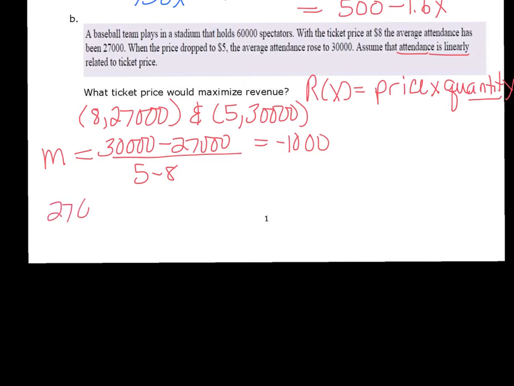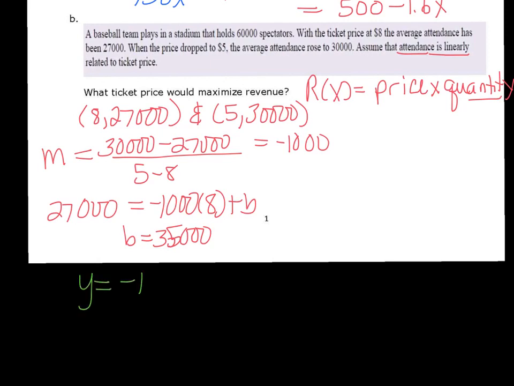So 27,000 equals negative 1,000 times 8 plus b. Solving for b, we get 35,000. So our attendance, or our quantity, is y equals negative 1,000x plus 35,000.